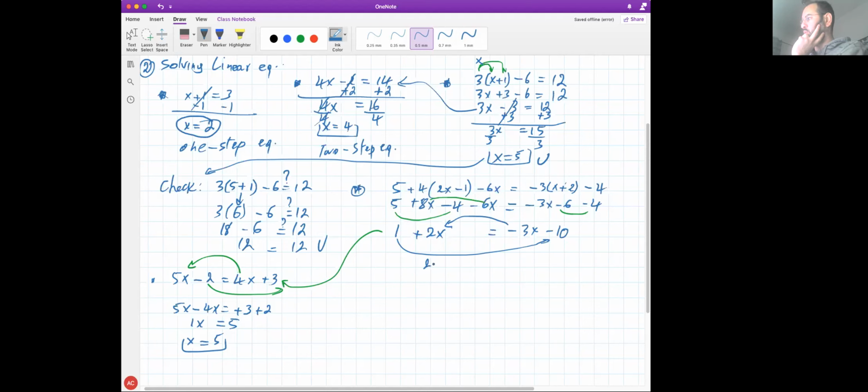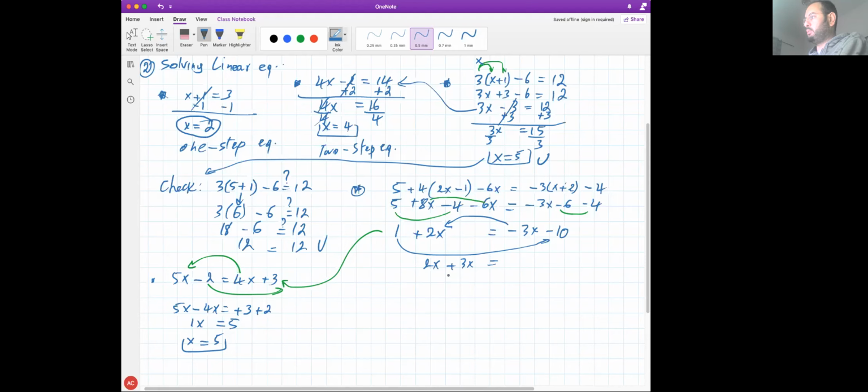So this becomes 2x. The negative 3x moves to the other side of the equal sign next to this. Negative 3x becomes positive 2x. That's right, positive 2x. And the 1 moves to the other side. The 1 here, negative 9.